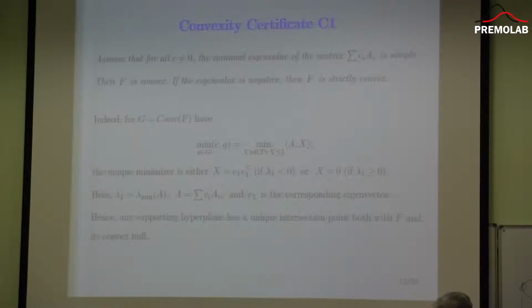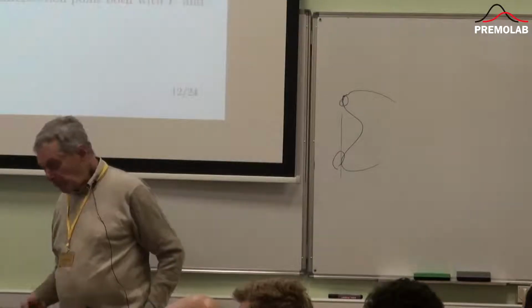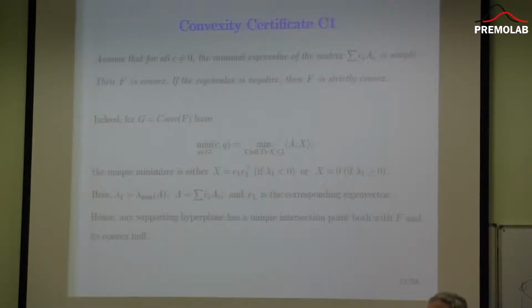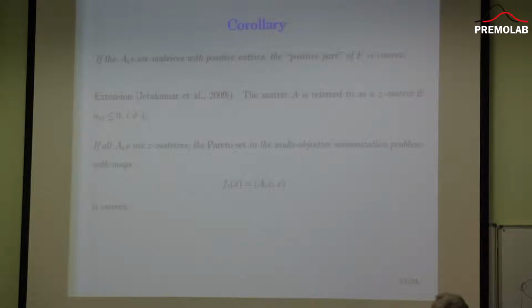The convex hull coincides with our set, and it's exactly the case here. Okay, so it's very simple, but unfortunately you can't imagine such matrices that their linear combination always has a simple least eigenvalue. It's impossible, but nevertheless it works sometimes.